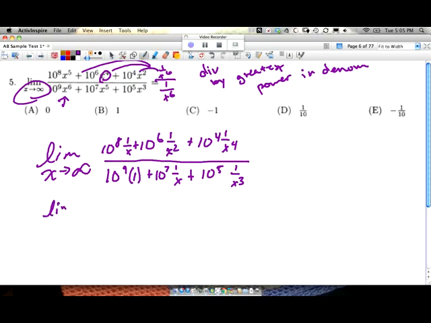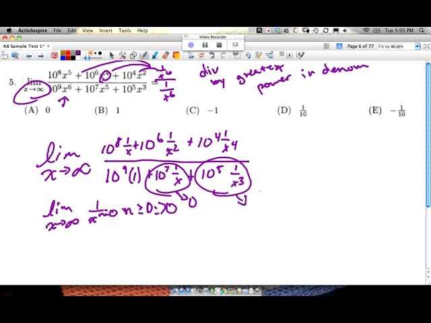So, the limit as x approaches infinity of 1 over x to the n, where n is greater than or equal to 1, equals 0. So that means this piece here goes to 0. This piece here goes to 0. Why?